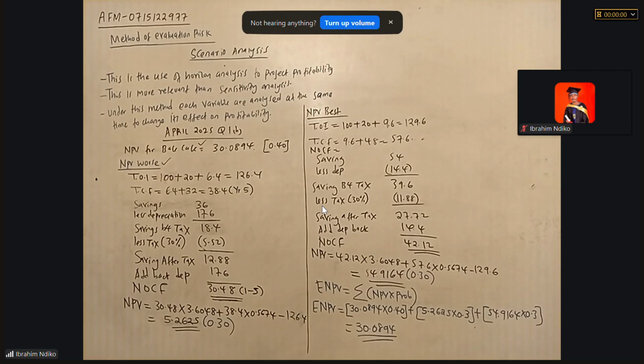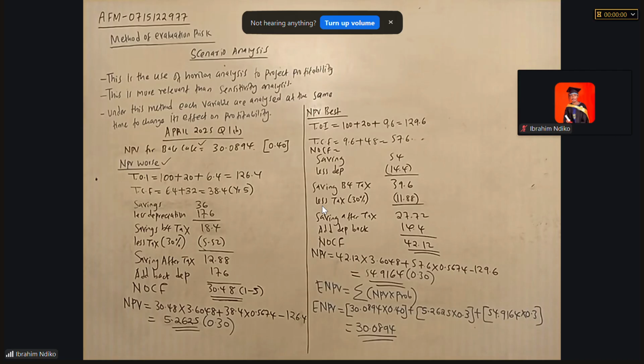Is it supposed to give the same answer as the net present value for the best case? Inafaa ikaribie. Si lazima ikuwe same, kwa sababu the base is the average, ndio ya katikati. So remember when you talk about expected NPV, you're talking about the average.